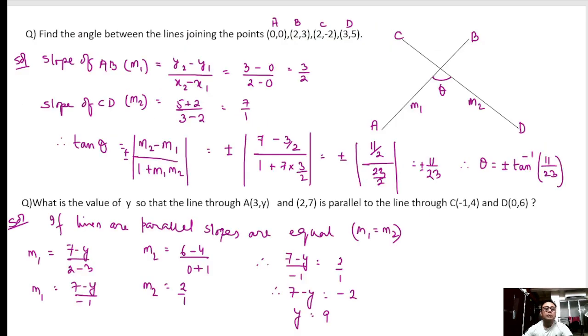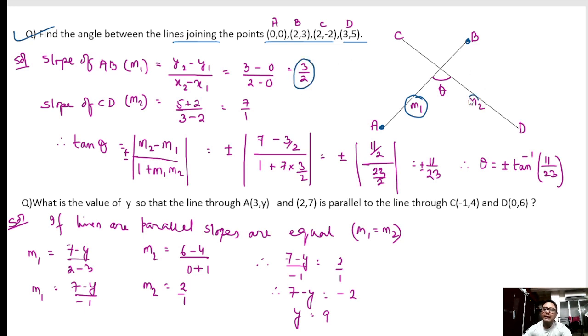Find the angle between the lines joining the points given. These are the 2 points. What is the angle between the 2 lines? Suppose one line is between point A and point B. First find the slope m1.